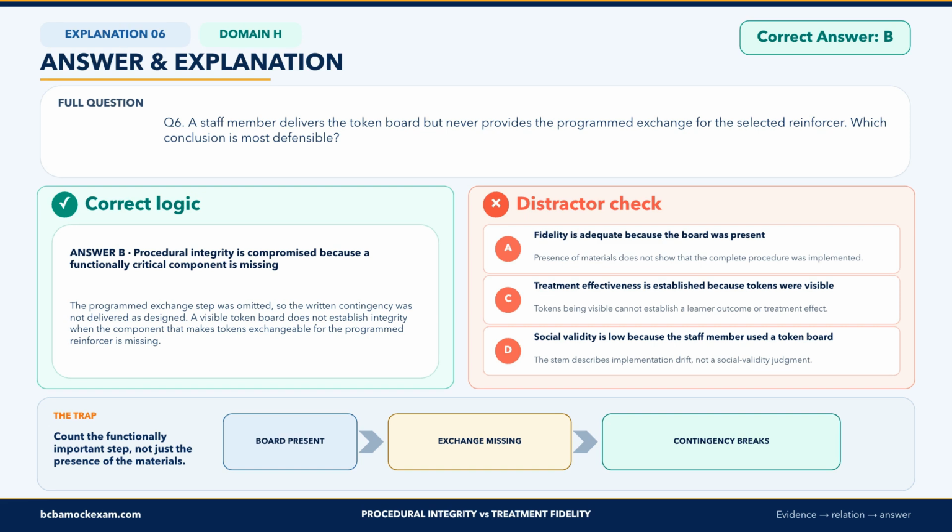A. Presence of materials does not show that the complete procedure was implemented. C. Tokens being visible cannot establish a learner outcome or treatment effect. D. The stem describes implementation drift, not a social validity judgment. One omitted component can invalidate procedural integrity when that component changes the program relation.